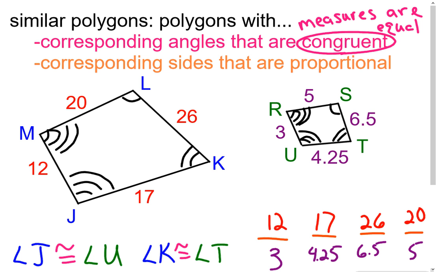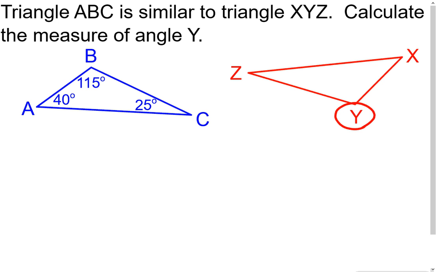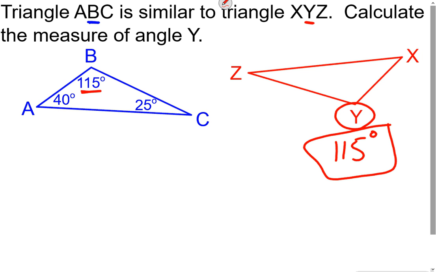Well, I just have to figure out which angle corresponds to angle Y. And the piece that I'm going to look at here is that similarity statement right here, where it tells us triangle ABC is similar to triangle XYZ. Well, angle Y from our triangle on the right is going to have to pair up with angle B from our triangle on the left. So I just come over here, I look at angle B. Angle B is 115 degrees, therefore angle Y also has to be 115 degrees.